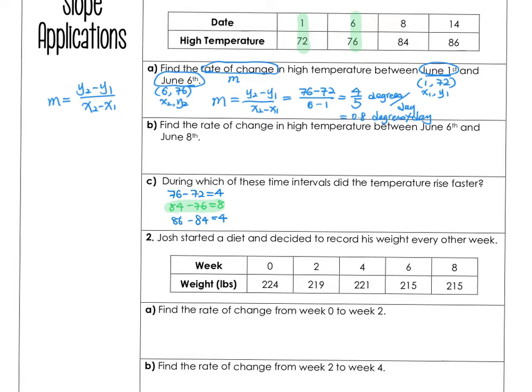In other words, the temperature rose faster between, I wrote a shorthand there, June 6th and June 8th. That's it.